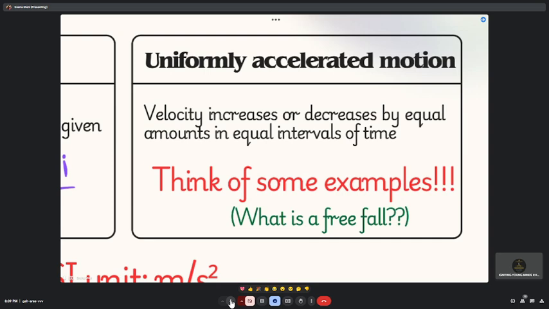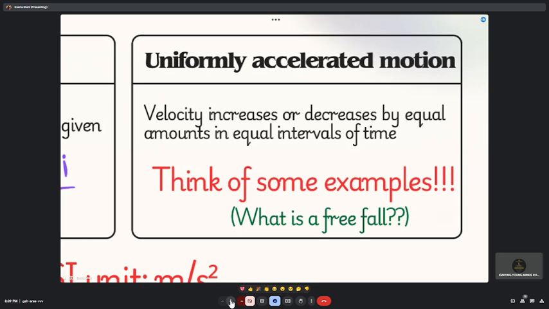So how is it uniformly accelerated? Why uniform? Ma'am, because the acceleration of an object in free fall increases by equal amounts, ma'am.